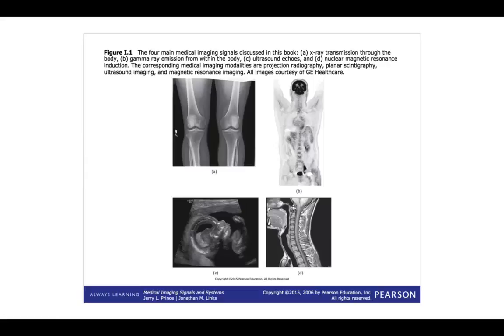The resolution on ultrasound has improved significantly. And then D is a nuclear magnetic resonance, or MRI, of the spine. So you can see each one illustrates different things, and they illustrate it in a different way. So nothing really provides a complete picture.